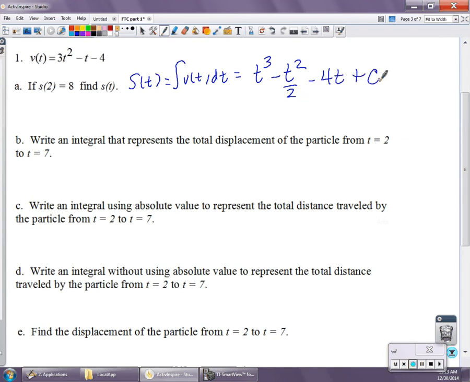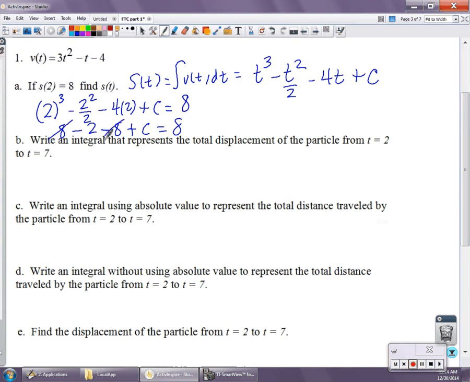But we have a particular value, so we can substitute in 2 and get 2 cubed minus 2 squared over 2 minus 4 times 2 plus c, and that's equal to 8. 2 squared is 4, divided by 2 is 2, minus 8 plus c is equal to 8.